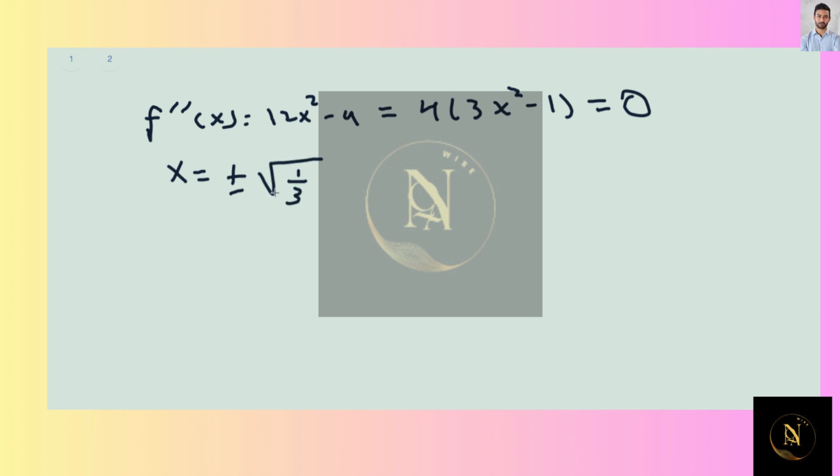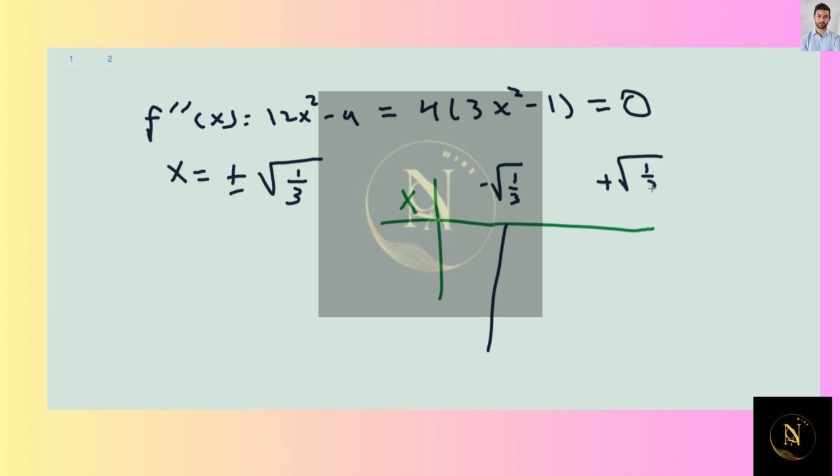And now we are going to repeat a sign chart again, but this time for concavity. So this time we'll have negative root 1 over 3, and we have positive root 1 over 3. And then our only term that we're interested in is 3x squared minus 1.